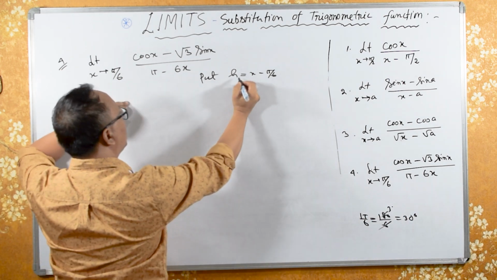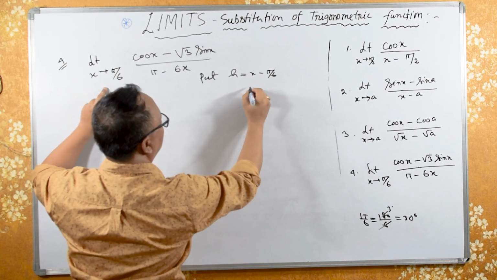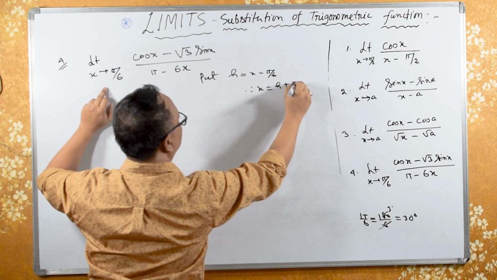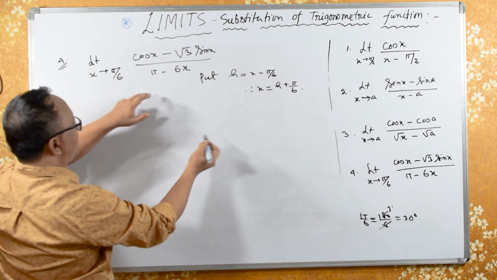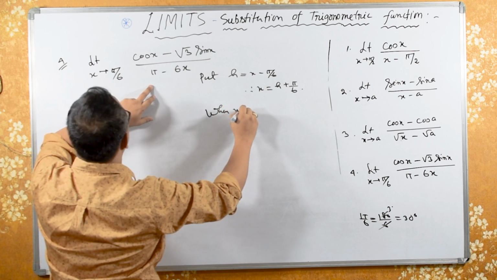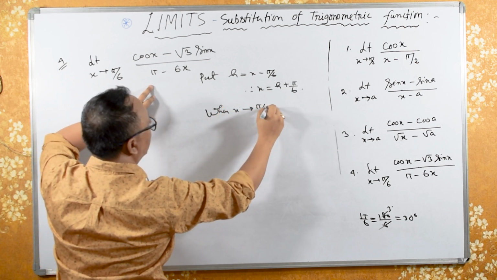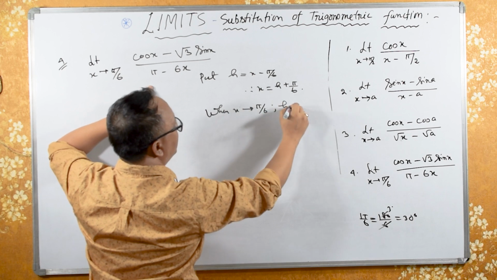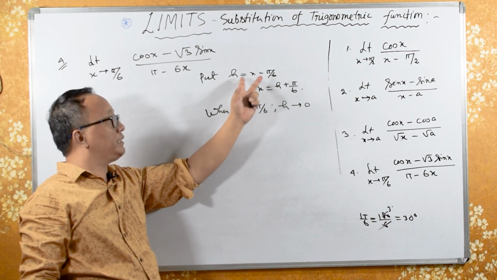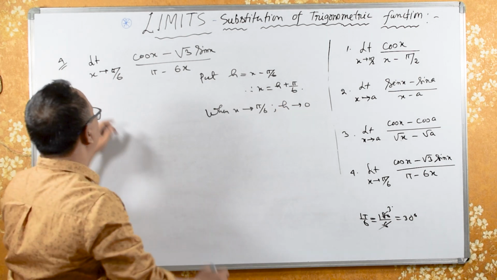Therefore, when h equals x minus pi by 6, x equals h plus pi by 6. Change the limit. When x tends to pi by 6, what is the value of h? h becomes 0, because when x tends to pi by 6, x minus pi by 6 becomes 0.